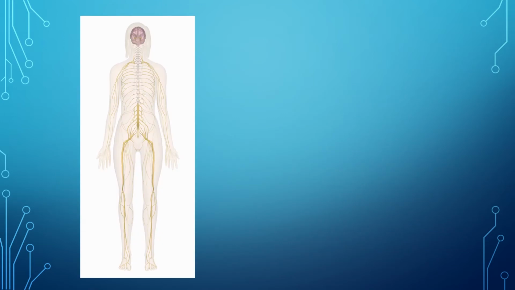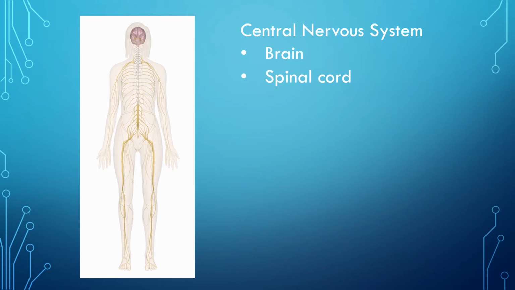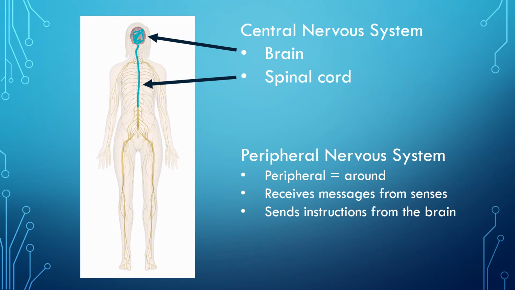So, the central nervous system is basically made up of the brain and the spinal cord. We've got the brain up here, nice blue squiggle, up there in your skull, and the spinal cord that runs right the way down the centre of your spine.